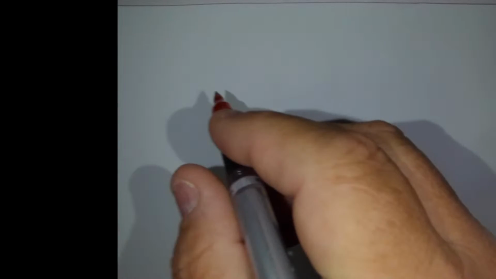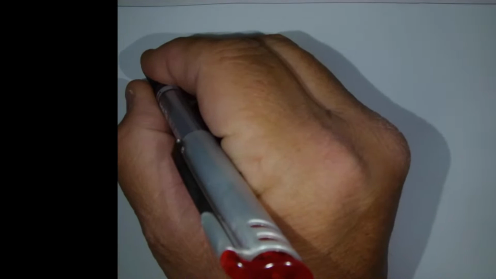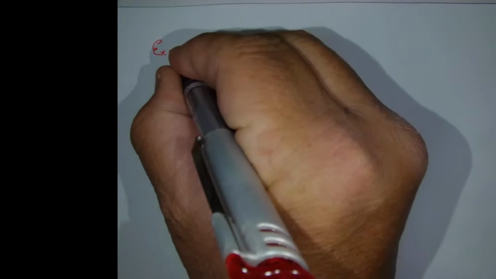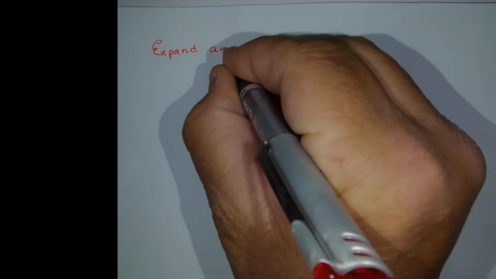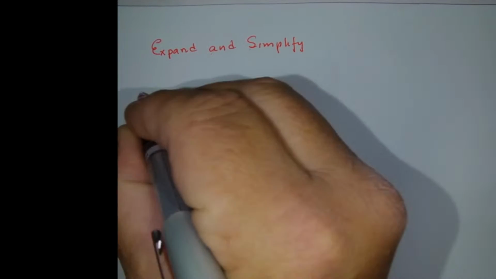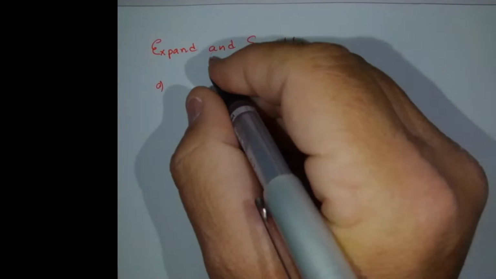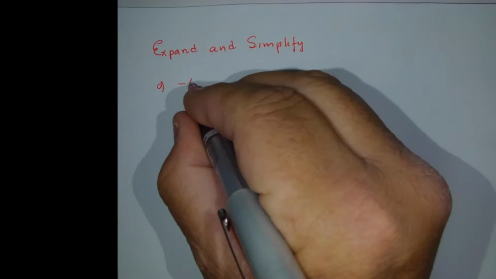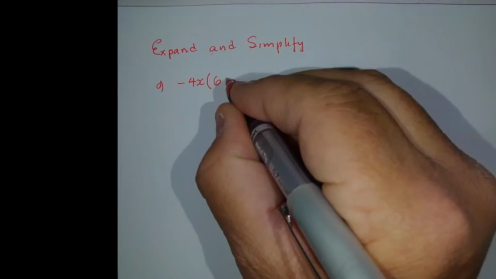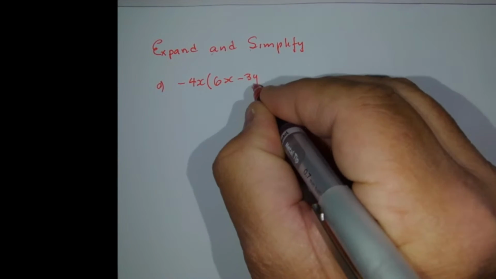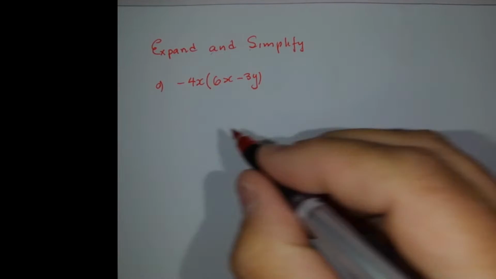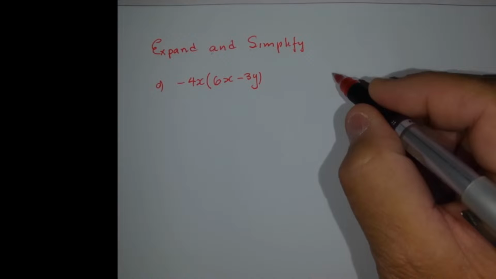So for example, when we need to factorize or expand things like, let's just put it here, expand and simplify. Okay, so I'm going to take number 1 here, and that would be, say, minus 4x times (6x minus 3y), and then I'm going to do another example here, a little bit more complex.